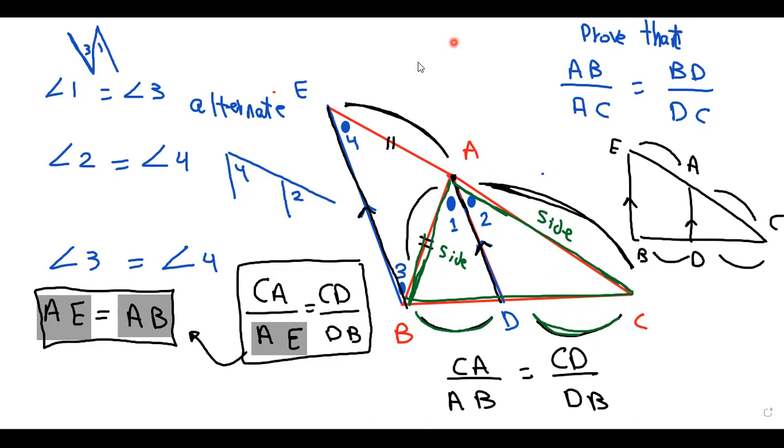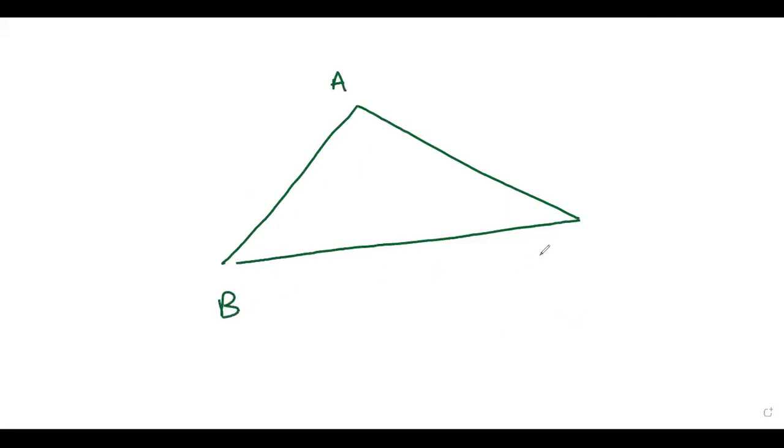So if we have a triangle, once again, like this triangle ABC, and I'm going to draw an angle bisector. The meaning of angle bisector, again, is the ray which divides the vertex into two equal angles. And what is the conclusion?